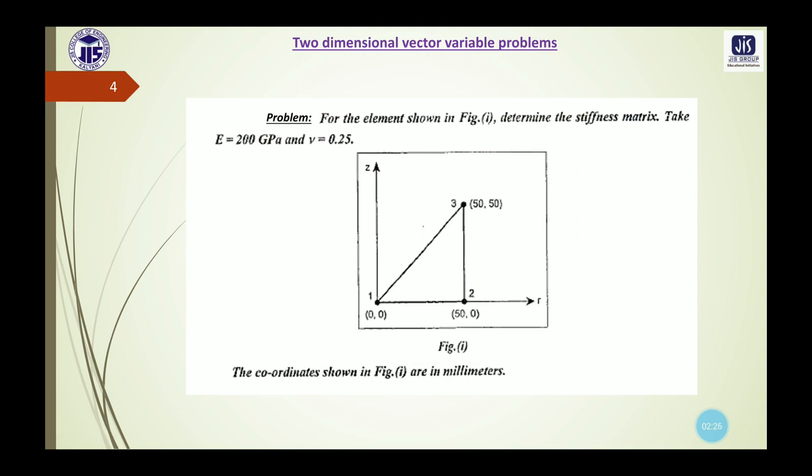Some values are given, like the Young's modulus, 200 GPa, and the Poisson's ratio, 0.25. The coordinates shown in this diagram are in millimeters. This is the question, and for this element we need to find the stiffness matrix.